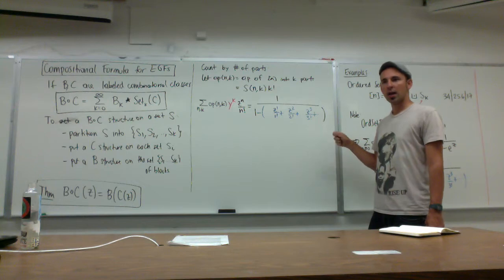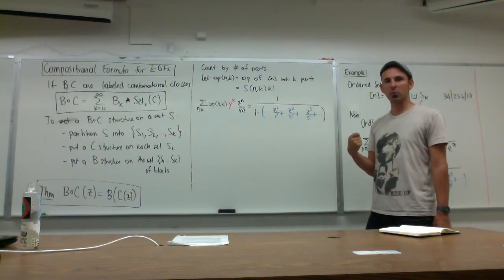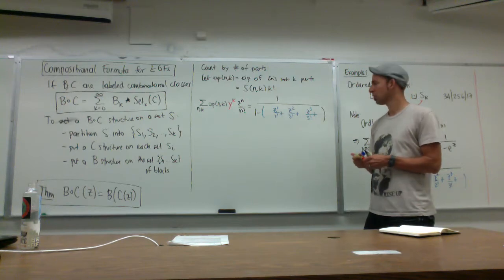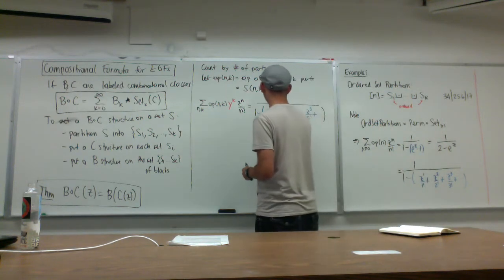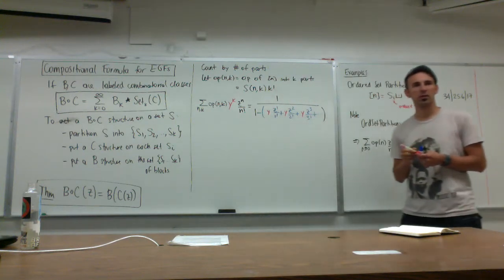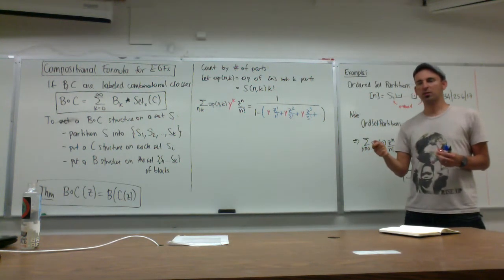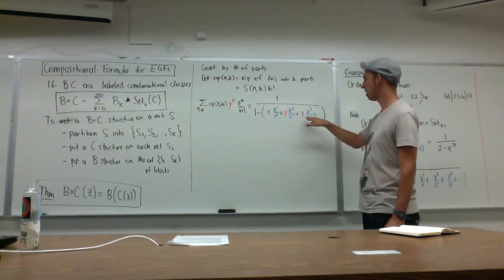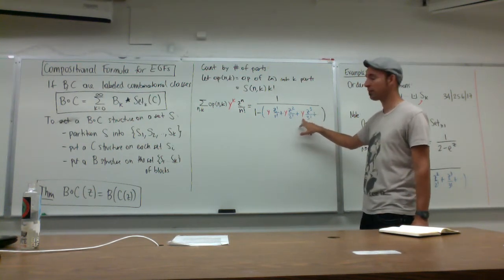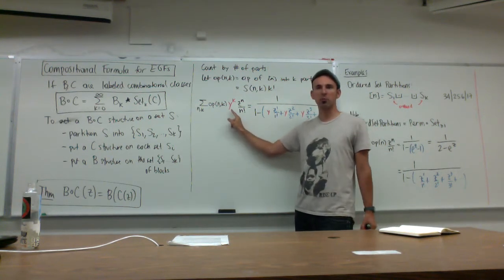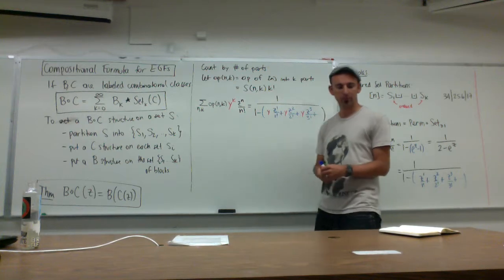Okay? And every time that I choose one of those sets, I want to give it a weight of y to say I choose a new part. And so what I want to do is put a y here, a y here, a y here, and so on. Okay? So every time you choose a new part, you give it a factor of y to signify that part, and then when you carry out this computation, each partition is going to come out with the right weight, which is y to the number of parts. Okay?